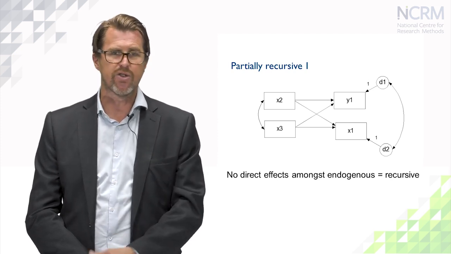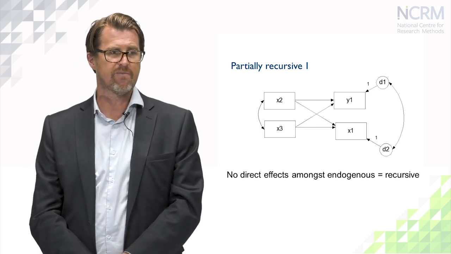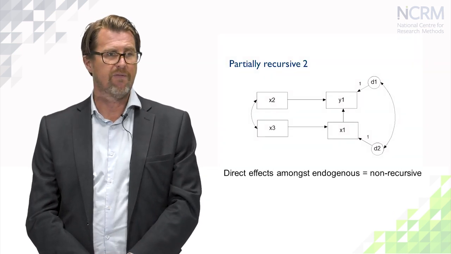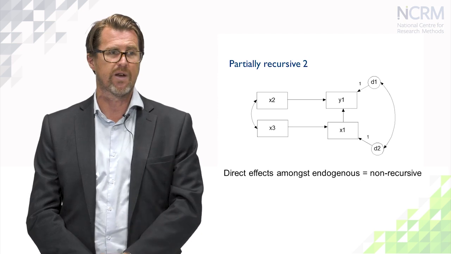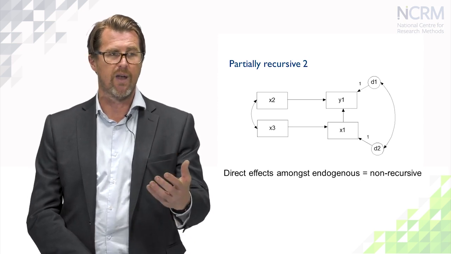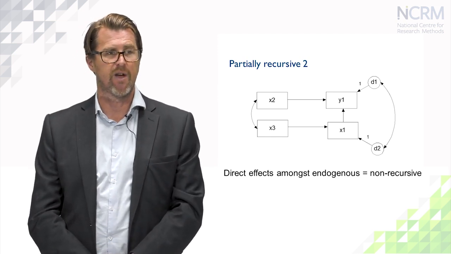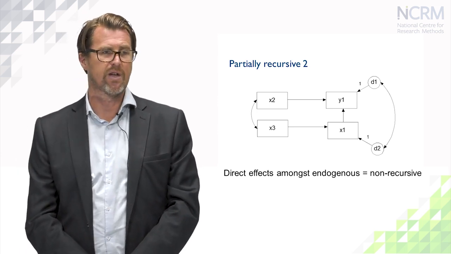So in this case we can treat this in terms of identification as a recursive model. But in this diagram, we have a direct effect amongst the endogenous variables. We have a regression of y1 on x1, and we then also have this disturbance term correlation. So this would be treated as a non-recursive model.